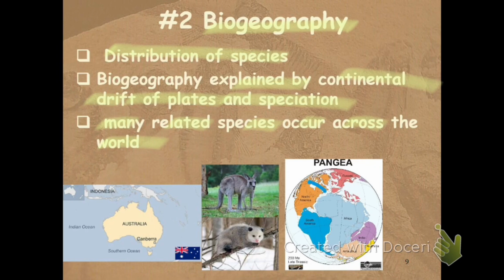So let's say I had an animal that could be found in all of those regions. And then I have another animal that can be found in all of these regions. Then I have another animal that can be found in all of these regions. Well, that means that those regions had to have been connected before, even though they are now separated by water. And we can see this evidence in our fossil record.